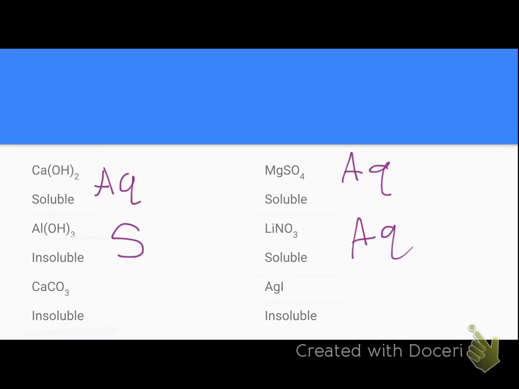All right, so calcium carbonate and silver iodide both are insoluble, so both of those will be solids. Your iodides are soluble except, so silver is one of your exceptions here for making it insoluble.